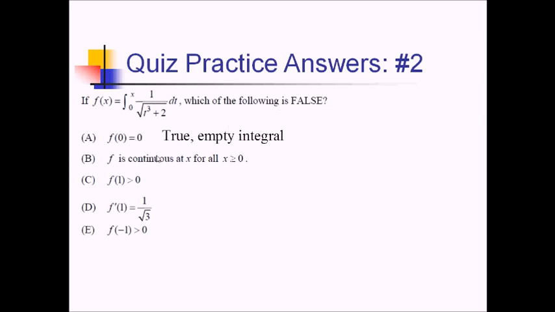Choice B, f is continuous at x for all x greater than or equal to 0. Well, the only way to get discontinuities out of any of this is if the whole denominator equals 0 or if the whole denominator is somehow negative. Well, you can't get a negative if you're plugging in an x value here that's greater than or equal to 0. So really the only thing you could possibly do is try to make this whole thing come out to 0.